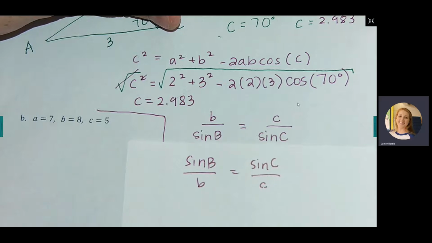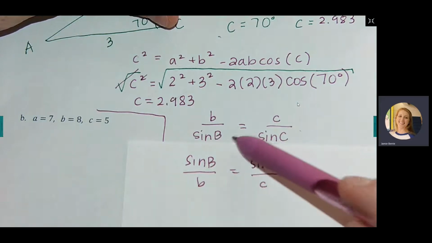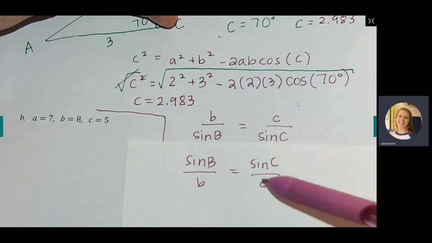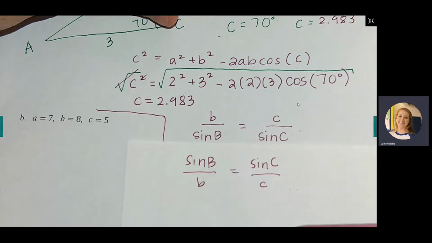So you can use either version of this formula. It's all about the fact that the ratios are equal, so it doesn't matter if you put sine of big B in the numerator or in the denominator, as long as they match.